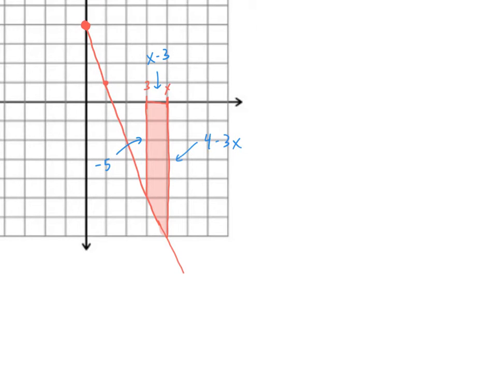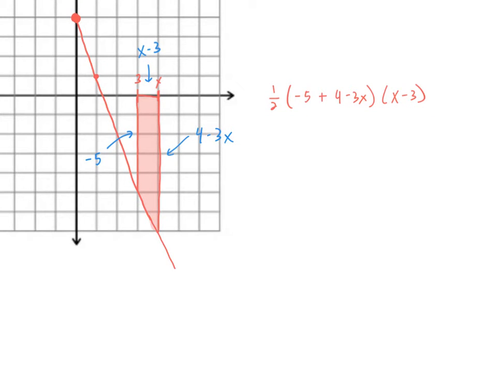So we can do area of a trapezoid again. So 1/2 times -5 plus 4 minus 3x, and then times x minus 3. All right, and you could leave it like that. I'll clean it up a little bit.